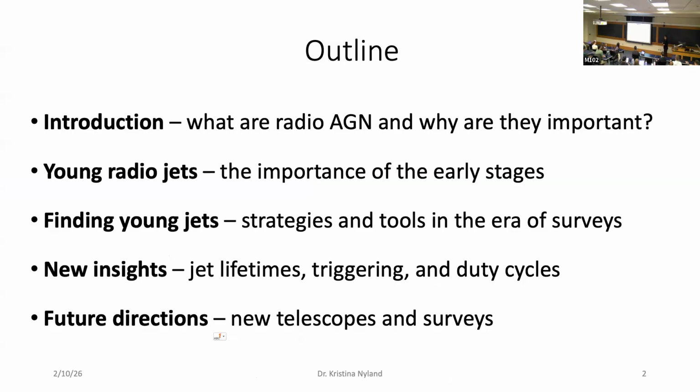Then I'll talk about some strategies for finding young jets. Turns out they're kind of elusive, with a particular focus on ways to find them in this era of radio surveys that we have now. We'll then talk about some new insights that we've gained from using radio surveys to explore the life cycles of AGN jets. And then, depending on how much time is left, I'll talk a little bit about some future directions, including new surveys and possibly some new telescopes.